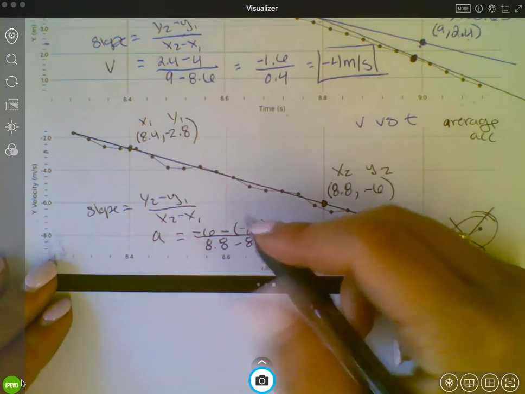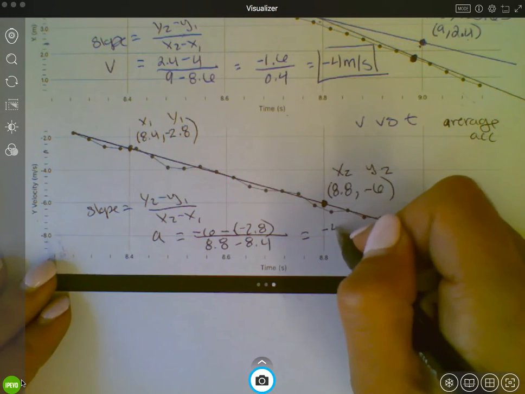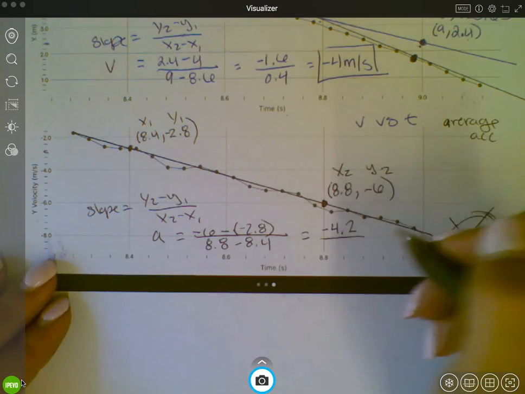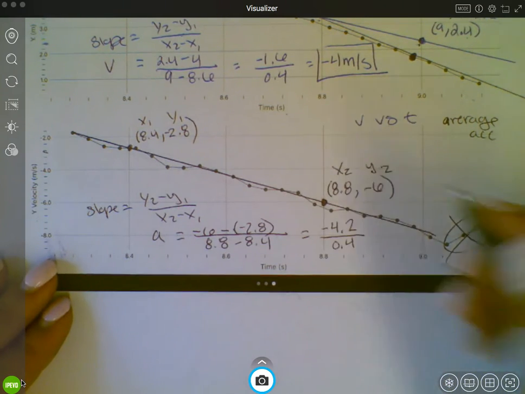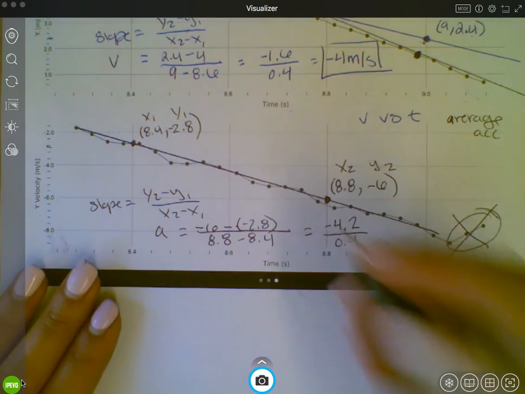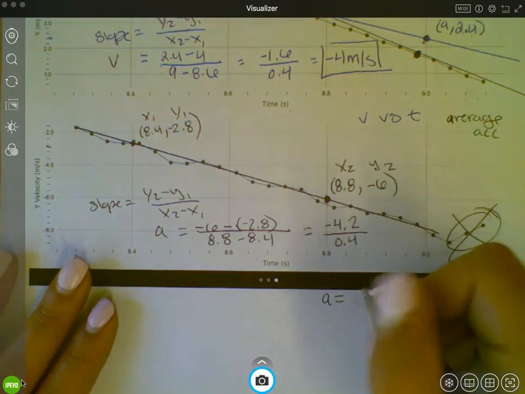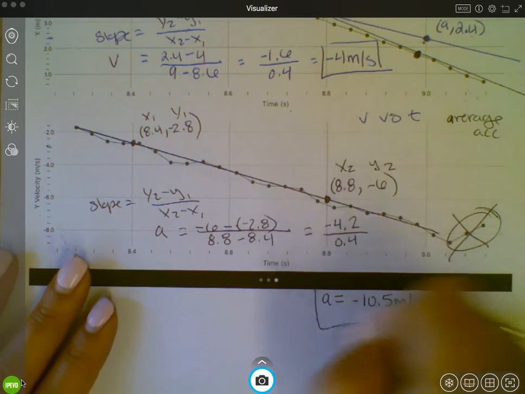That gives me -6 essentially plus 2.8, so that's -4.2 over 0.4. Okay, plug that in, and you get about -10.5 meters per second squared.